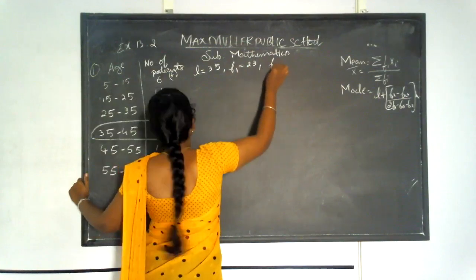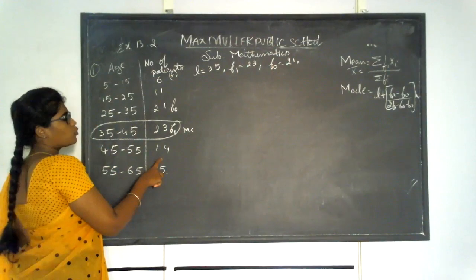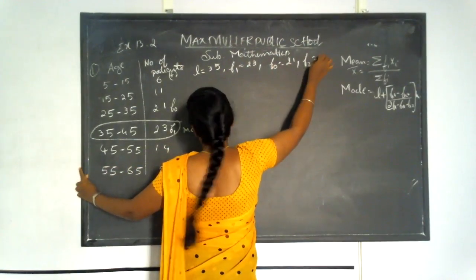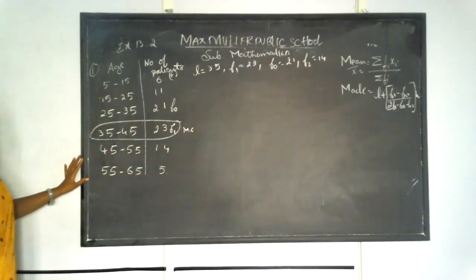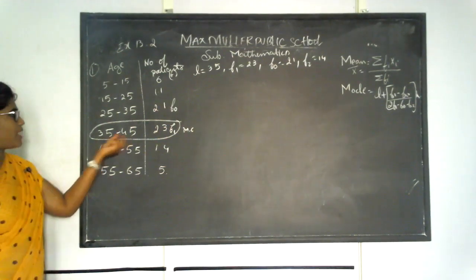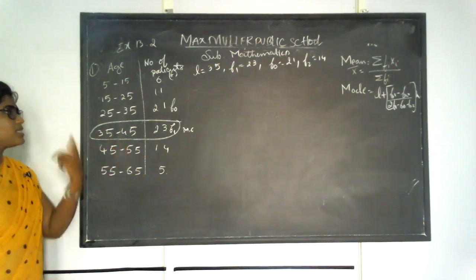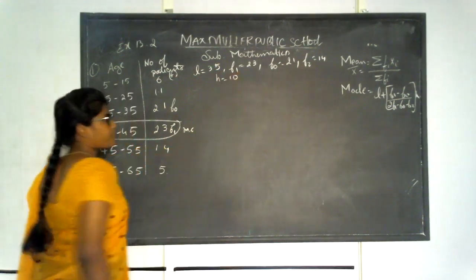So F0 will be equal to 21. Then F2. What is F2? Succeeding frequency of the modal class. F2 will be equal to 14. Then what else do you want? You want H. What is H? H is the class size. Now what do you have here? 45, and here you have 35. 5 minus 5 is 0. 4 minus 3 is 1. So you will have the class size as 10. Clear?